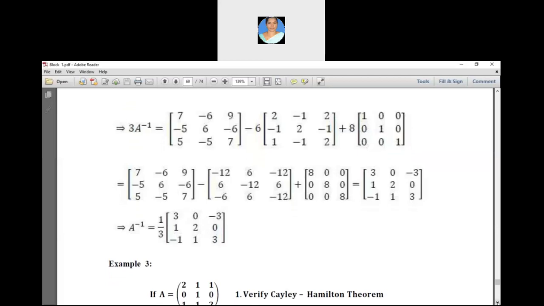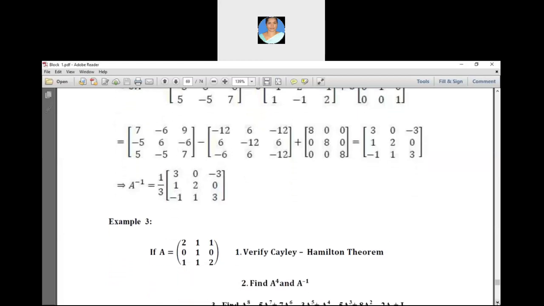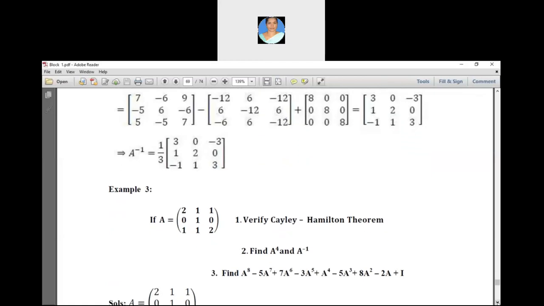The next example is: if A equals, the first row is 2 1 1, the second row is 0 1 0, the third row is 1 1 2. First, verify the Cayley-Hamilton theorem. Second, find A to the power of 4 and A to the power of -1.